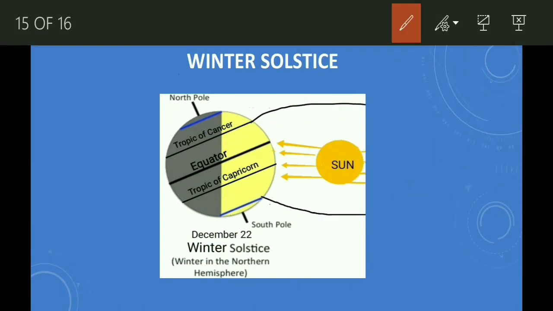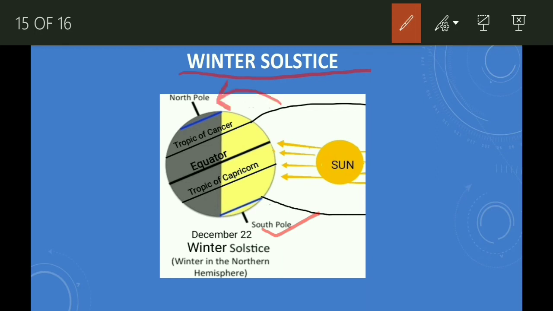Second is winter solstice. Children, winter solstice happens on 22nd December. Like I said before, it is the shortest day of the year in the northern hemisphere. What happens on this day? On this day, the northern hemisphere is tilted maximum away from the sun.